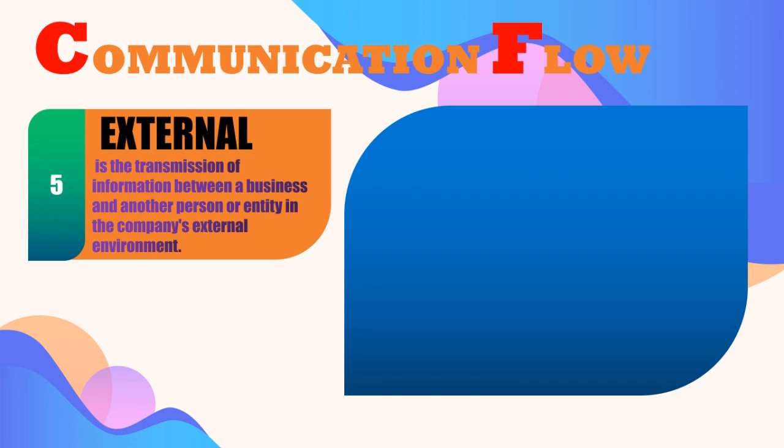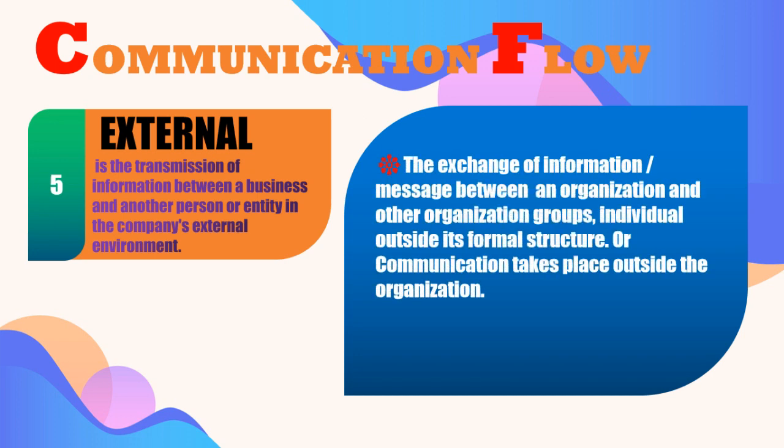So some personnel or superiors are transacting with different companies. Because of this, in the external communication flow, we have the exchange of information or messages between an organization and other organizations, groups, or individuals outside its formal structure, where communication takes place outside the organization.